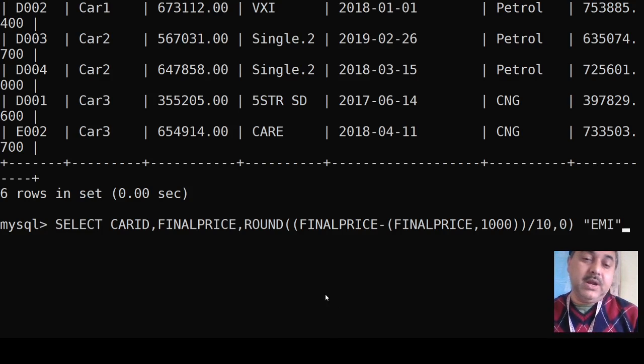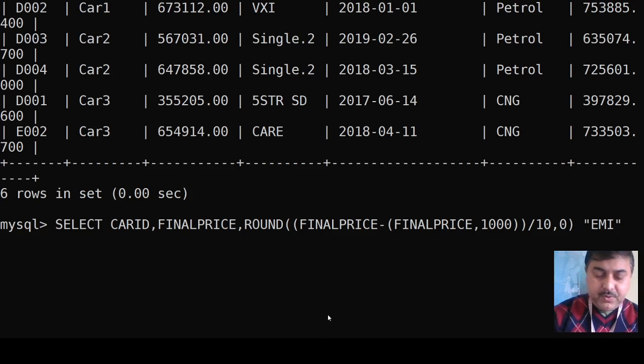After this declaration, what is our requirement? After we declare this EMI, we have another calculation. We have to mod it, so let us do the mod. Mod of final price comma 1000.